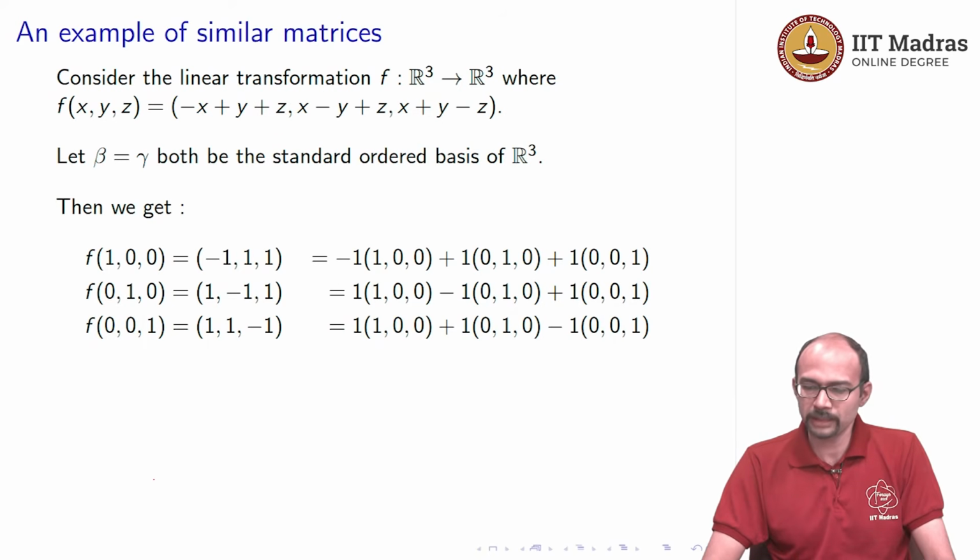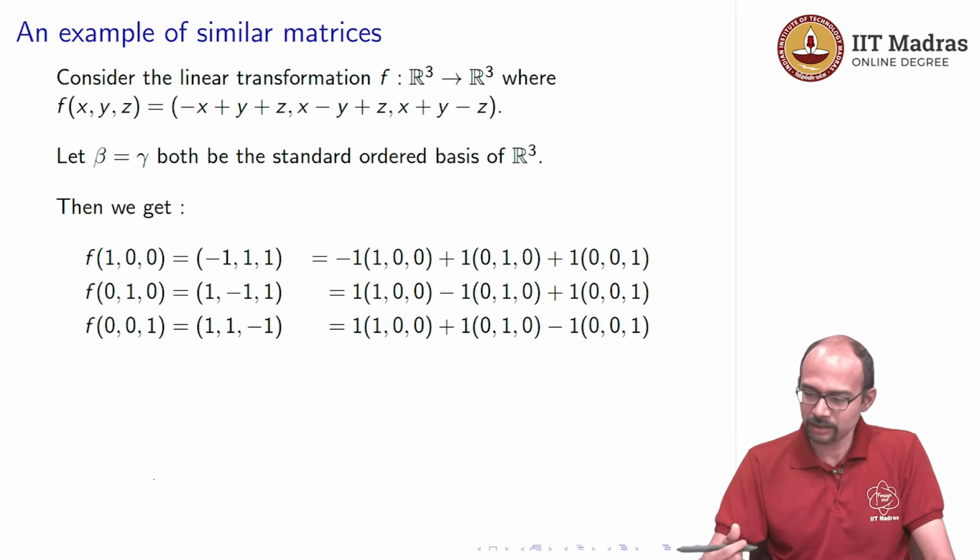Let's do what we did before. Let's express f of 1 0 0, f of 0 1 0, and f of 0 0 1 in terms of the standard basis. If you do that, you get f of 1 0 0 is minus 1 1 1, f of 0 1 0 is 1 minus 1 1, and f of 0 0 1 is 1 1 minus 1.